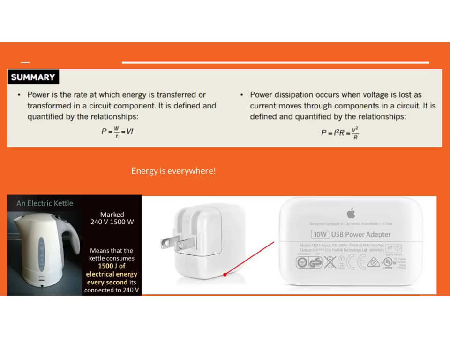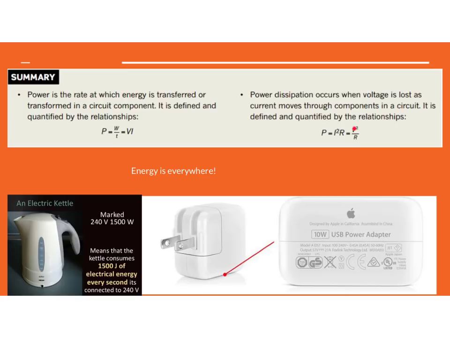So just in summary, power is the rate at which energy is transferred and transformed in a circuit component. Each component is going to have a different power because it has a different resistor, so it'll have a different potential difference across it as well.